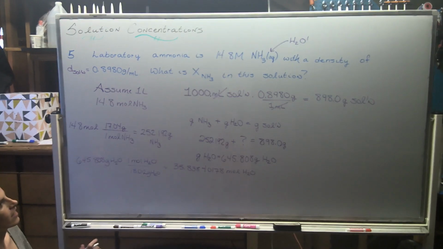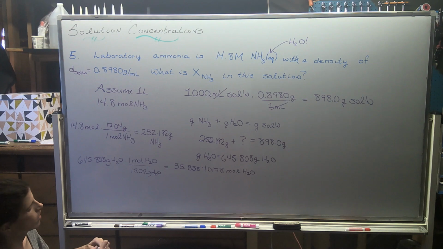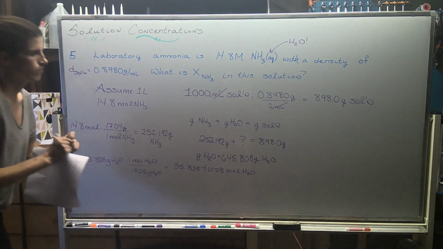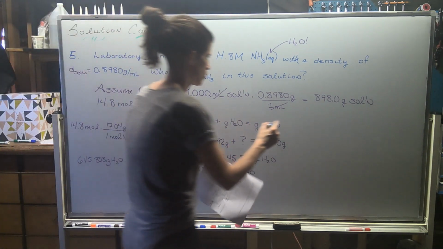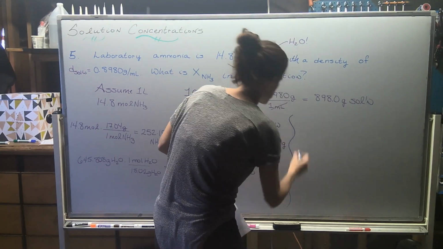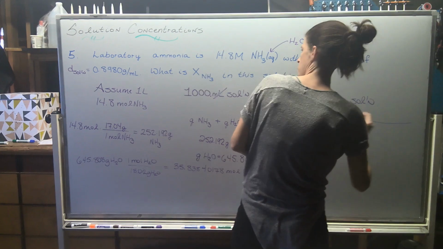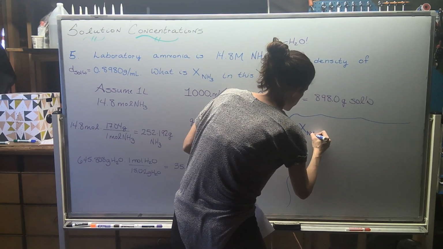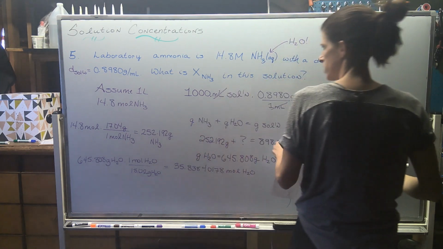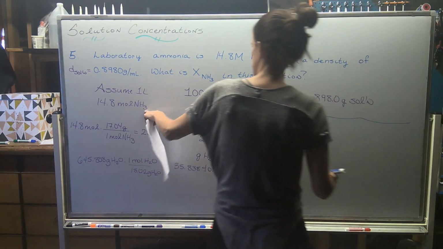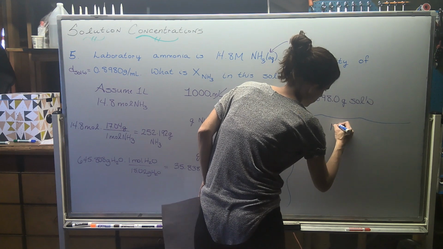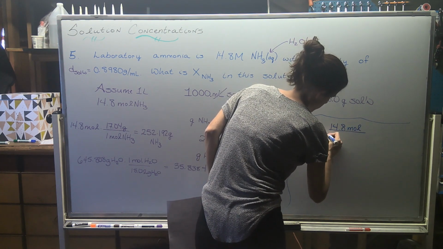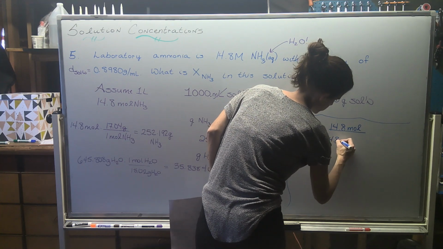Now I'm finally there where I can start actually plugging stuff into the mole fraction equation. So for that, I need the moles of ammonia in the numerator. So 14.8 moles of ammonia. And then the total moles in the denominator.